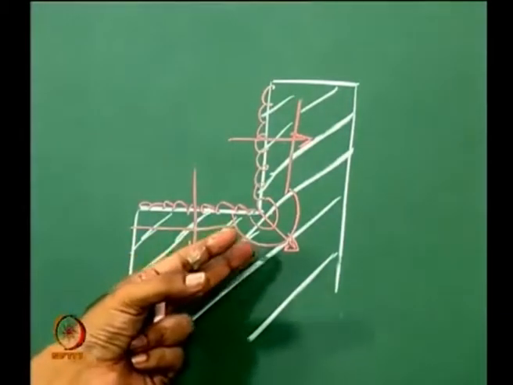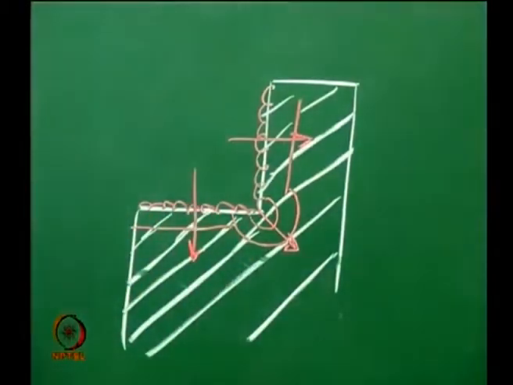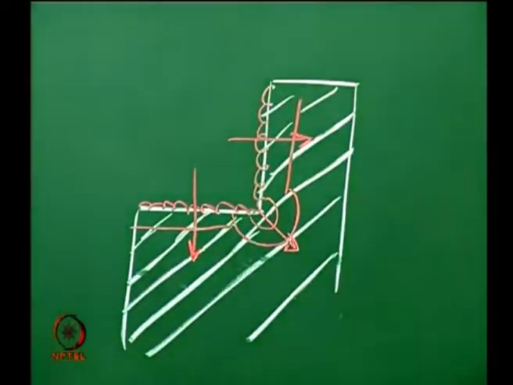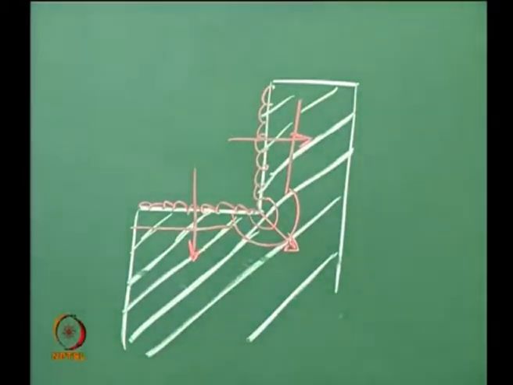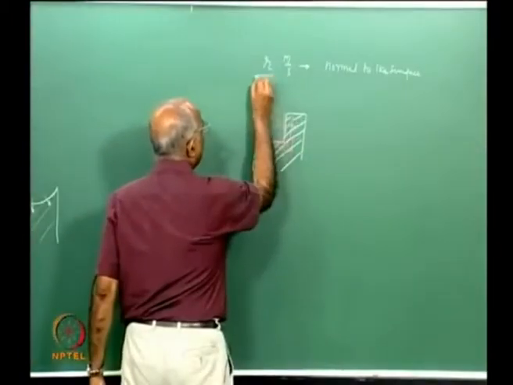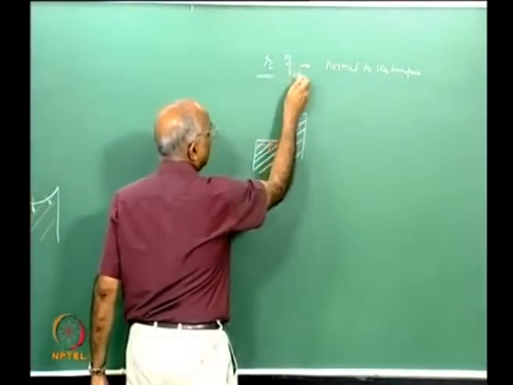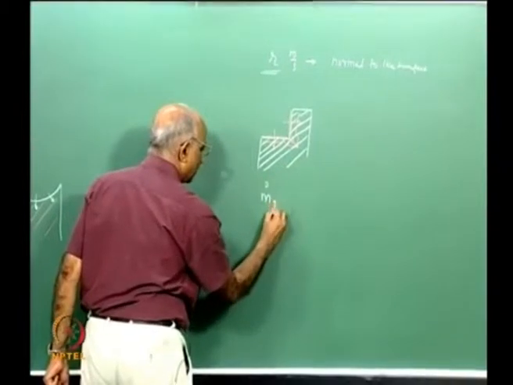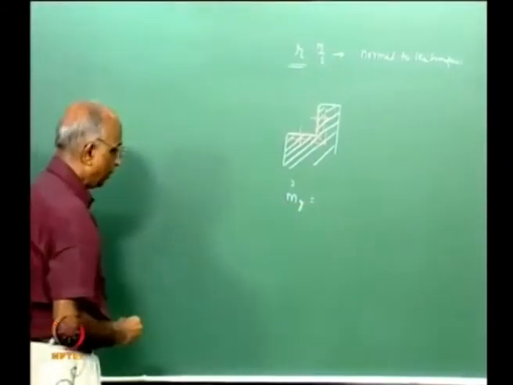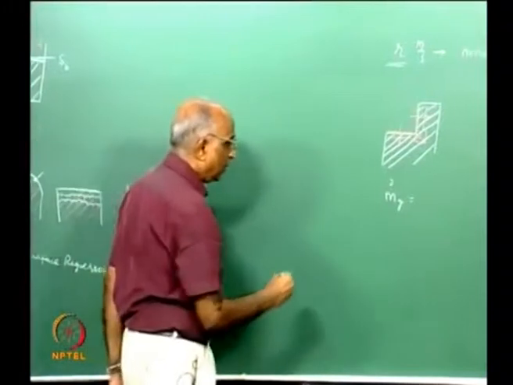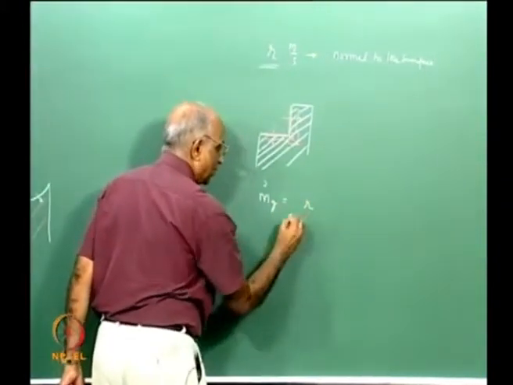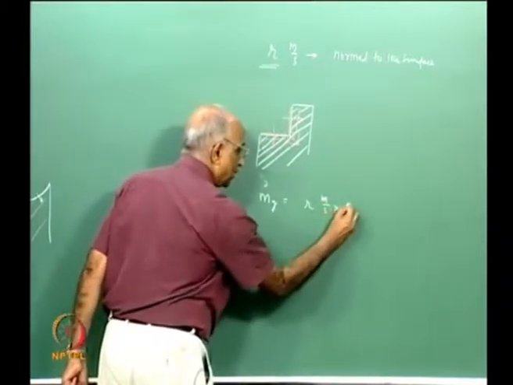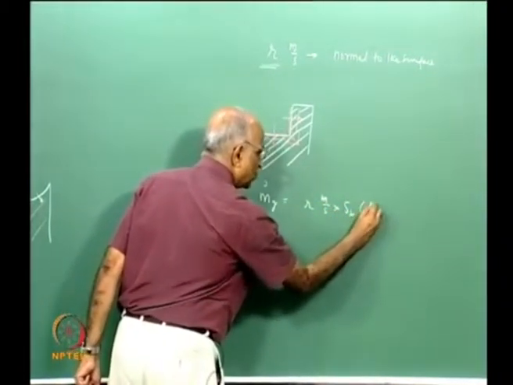Maybe we will have to look at this in some detail when we come to different configurations of the propellant grain. Therefore, for anything to take place, I define something like a burning rate in meter per second, which is normal to the surface, and the gas generated, the rate of mass generated by the burning, is equal to, let us say R is the burn rate, so many meters per second, into the burning surface area, so many meters square.